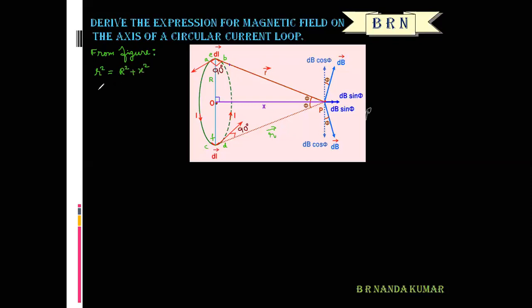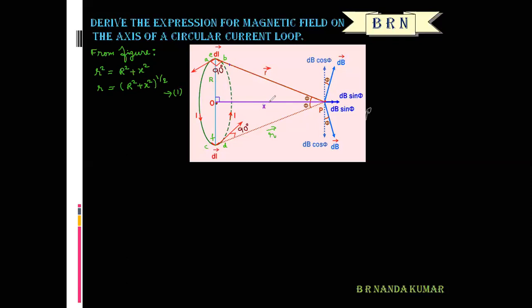Taking the square root on both sides, small r is equal to capital R square plus x square, power 1 by 2. Call this equation number 1.